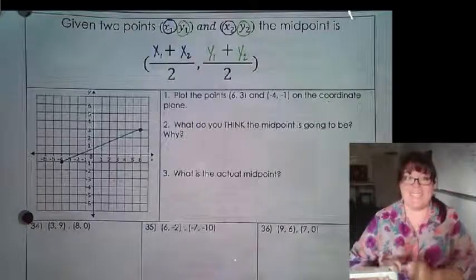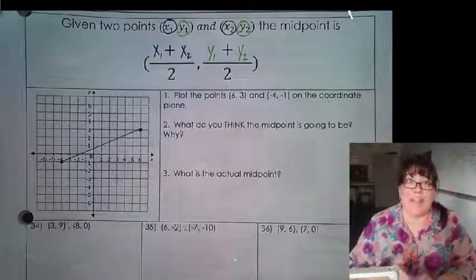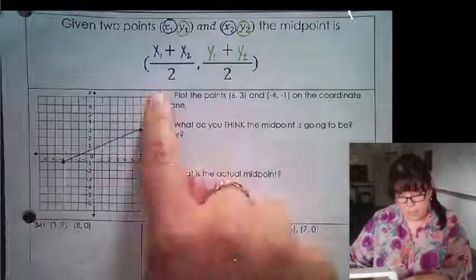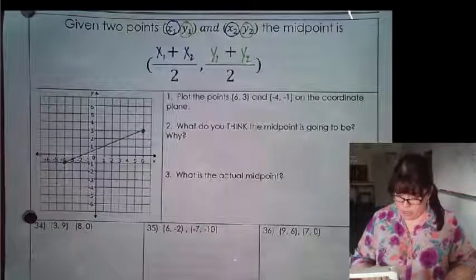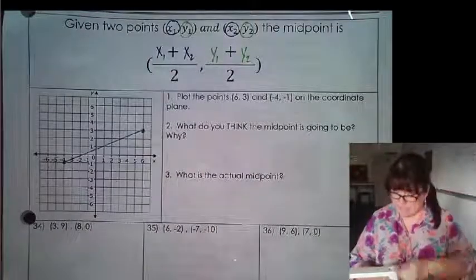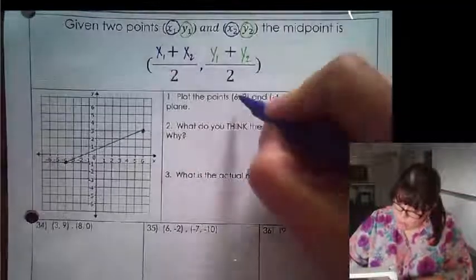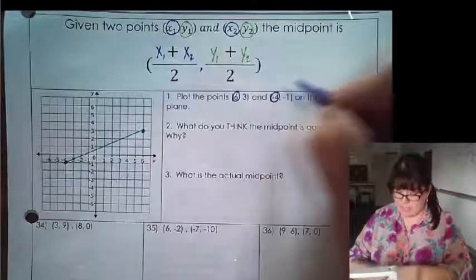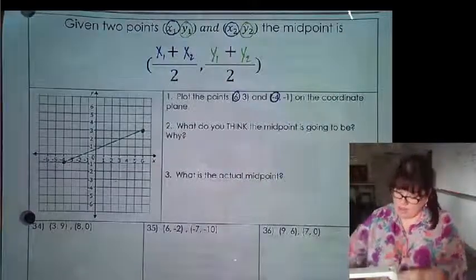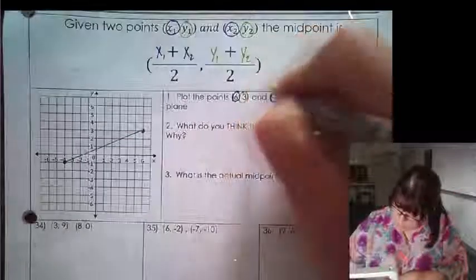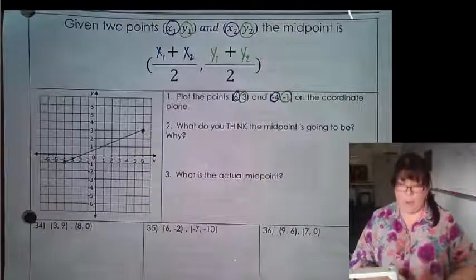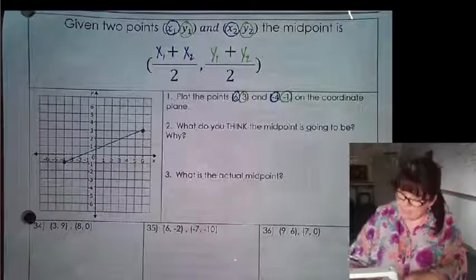Okay, so let's get back to finding what the actual midpoint is. We've got our formula, so we are going to take our points, with x1 and x2 for the x's, and y1 and y2 for the y's, and we're just going to plug them into our formula. Let's set this up here.